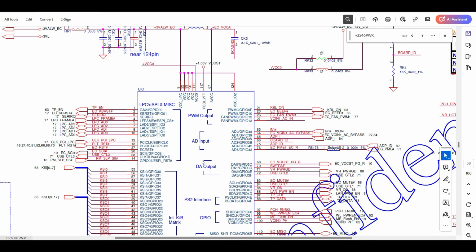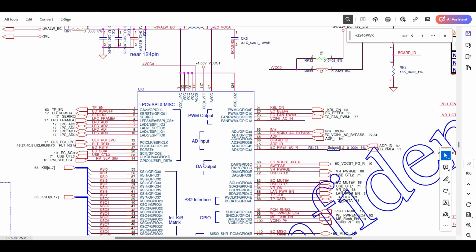If any one is absent or malfunctioning, then RSM RST will keep on enable. If RSM RST keeps on enable, it won't go to PCH. The PCH information is that the basic voltage has some issue.